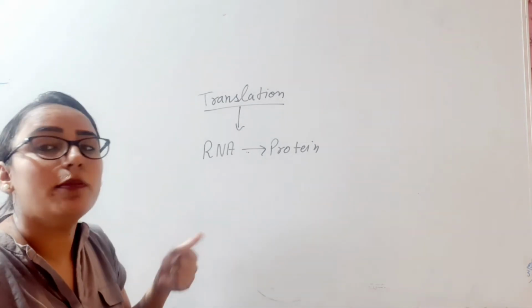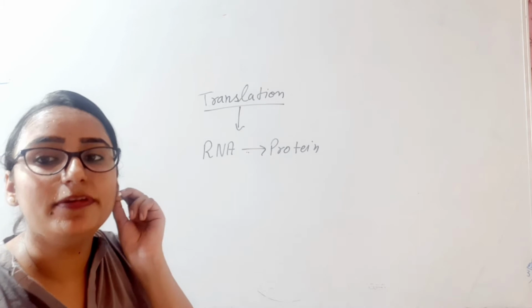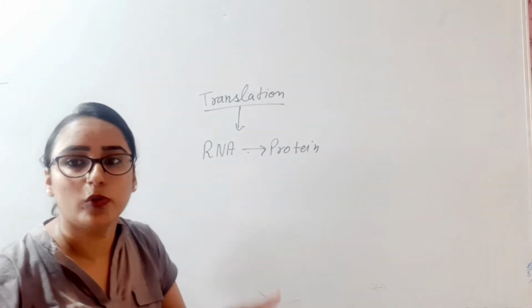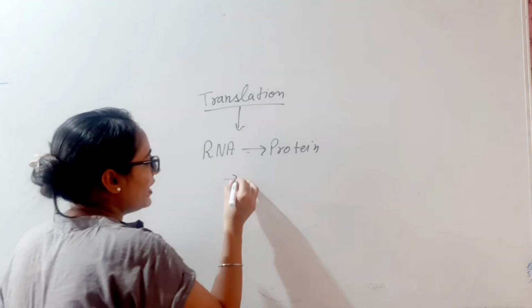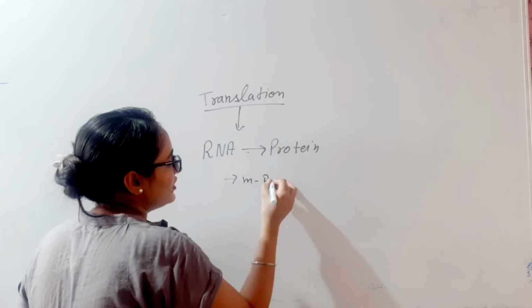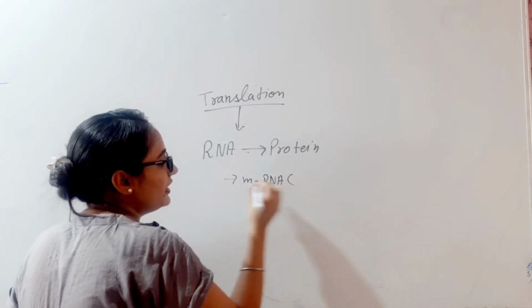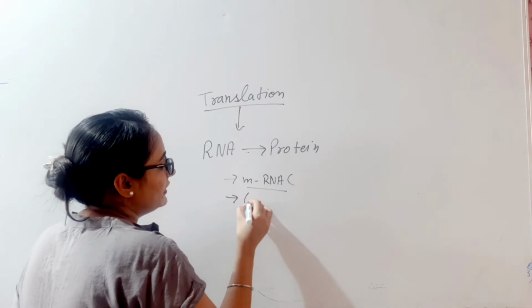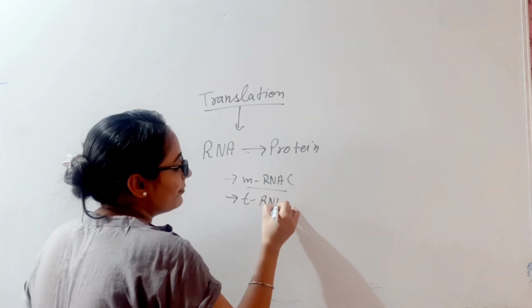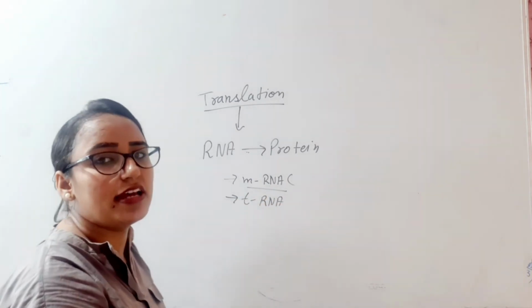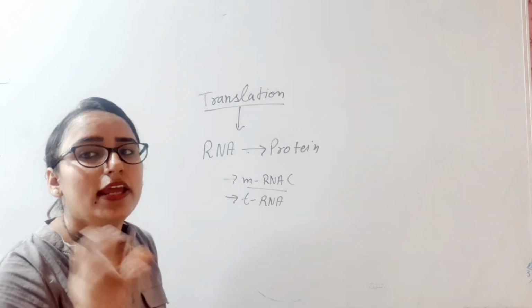And what are the RNAs which will be needed for the RNA to protein conversion? First one is the mRNA because the genetic code is present on the mRNA. Second is the tRNA which will act as an adapter molecule to carry the amino acid from the cell solution to the mRNA.